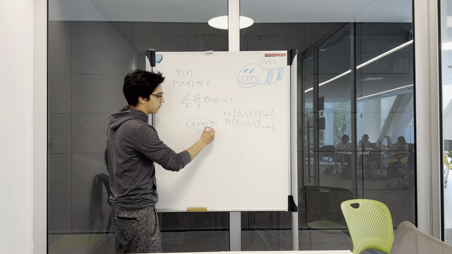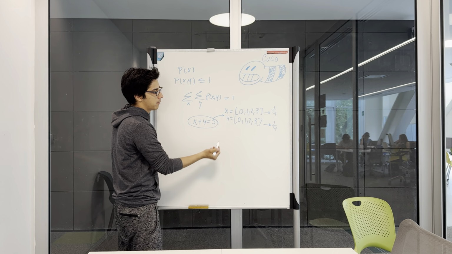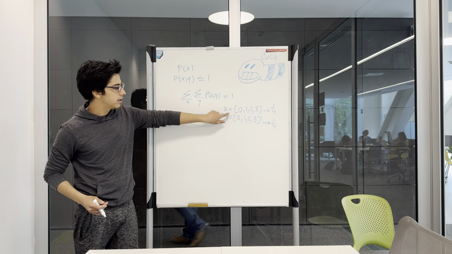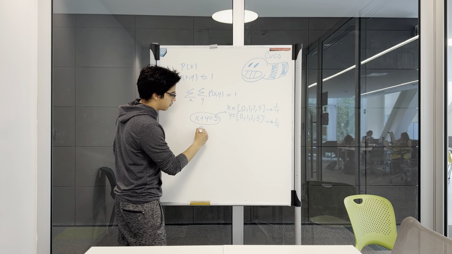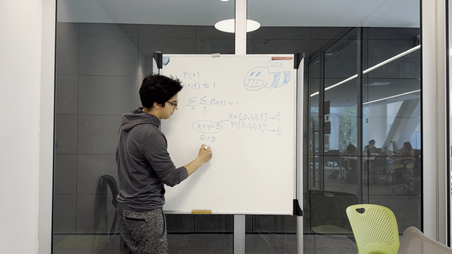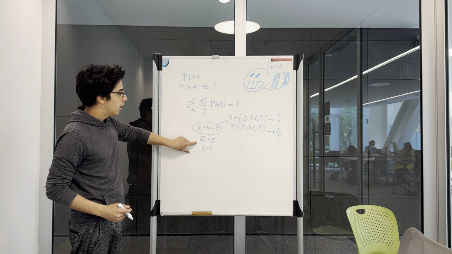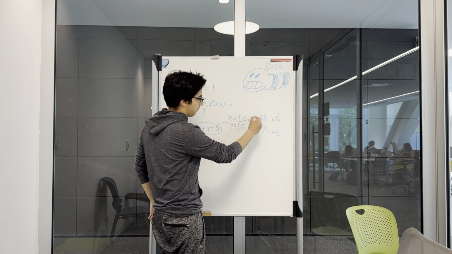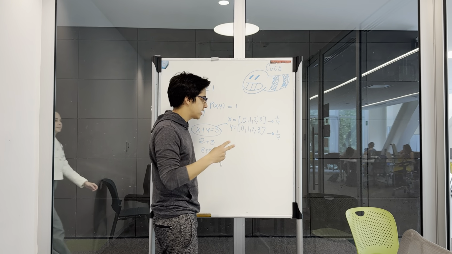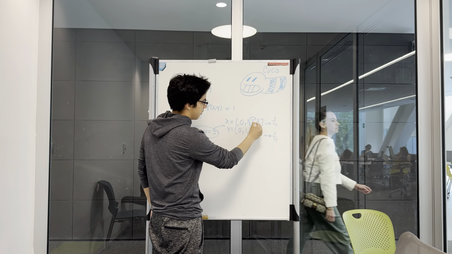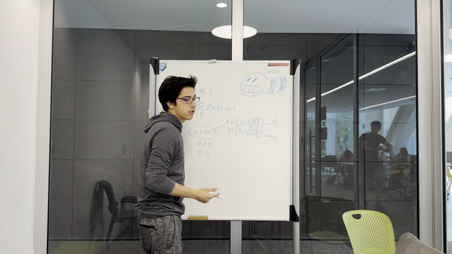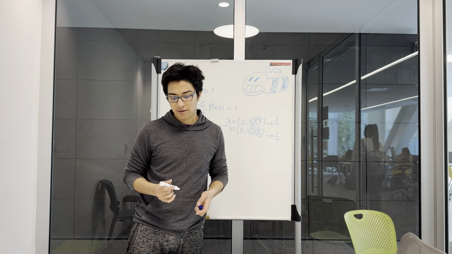Which values will give us 5? Looking at the data, only 2 plus 3 or 3 plus 2 will give us a value of 5. So this means that we have two cases here: this case and this case, and the other ones do not satisfy the condition.